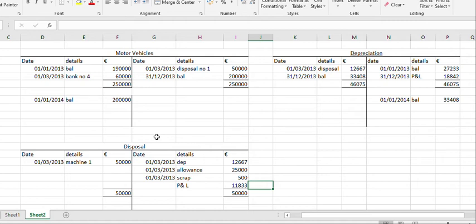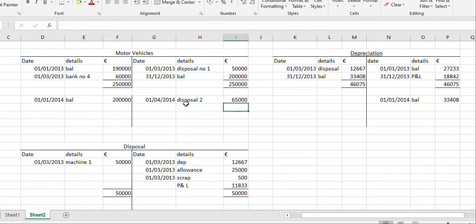Okay, now let's do 2014. So again, there was one disposal in 2014, which was machine number 2. So back up to motor vehicles. Machine number 2 was disposed of on the 1st of April. So 1st of the 4th, 14, disposal of number 2, and number 2 cost 65,000.